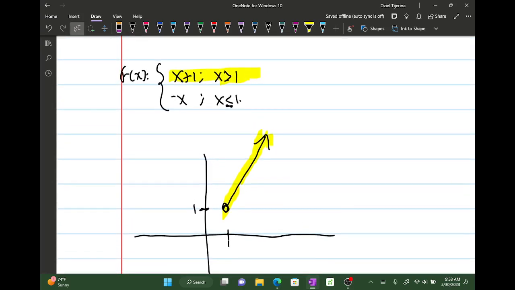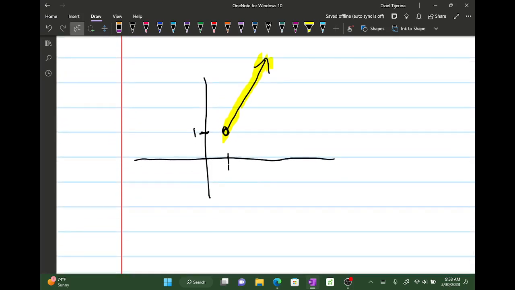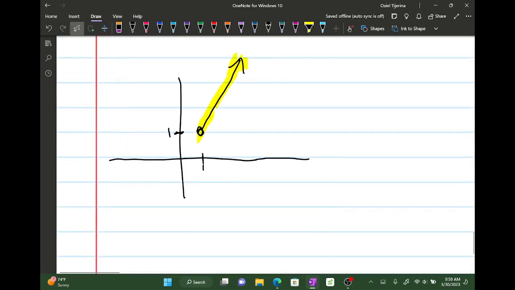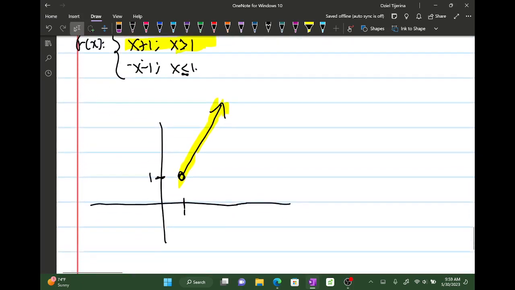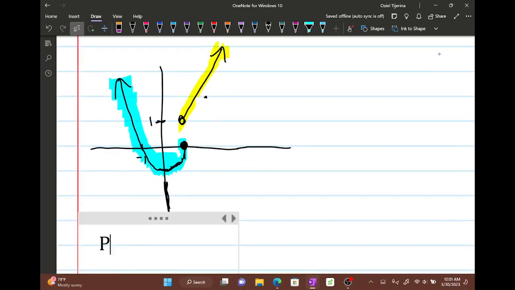Let me do negative x minus 1 maybe such that x is less than or equal to 1. So if I do that, it's going to go, actually, one second, guys. Let me sketch this. All right, so I decided to go with this example.